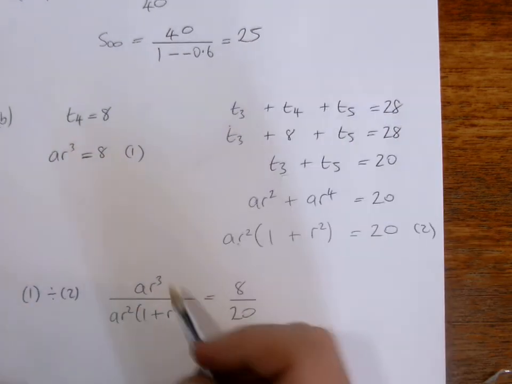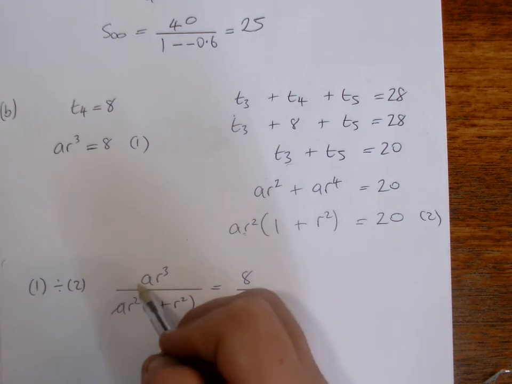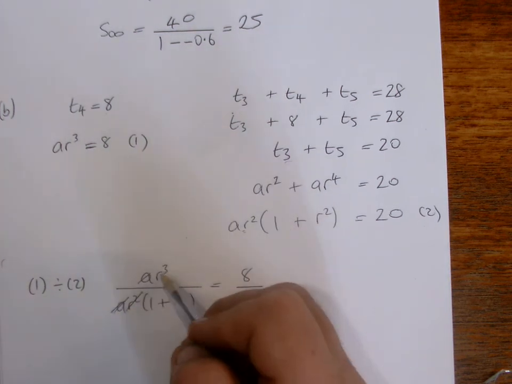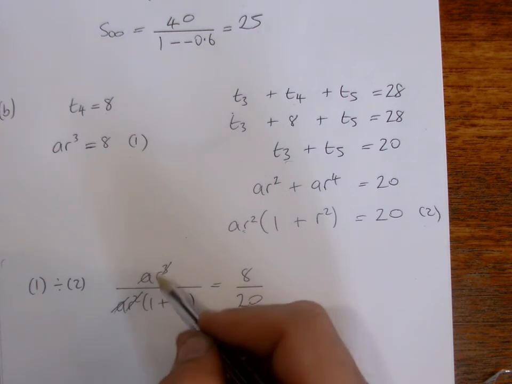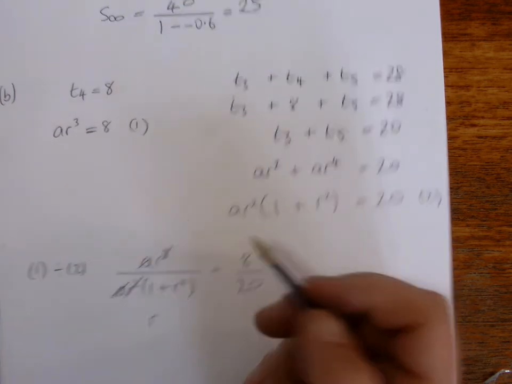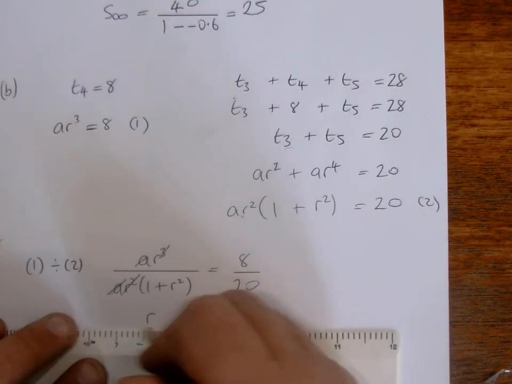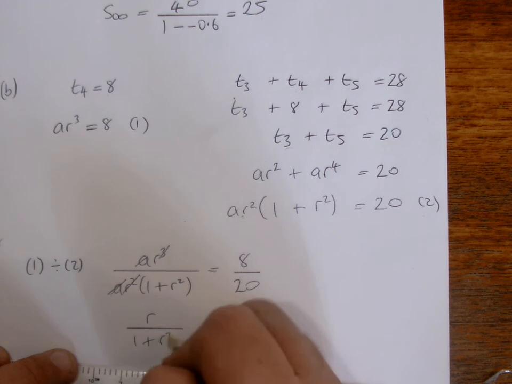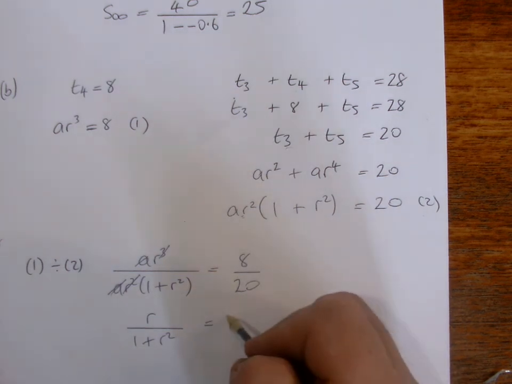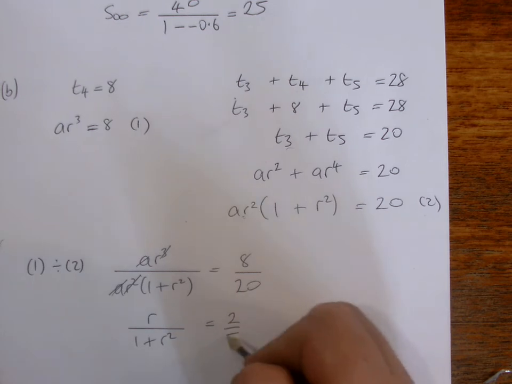What happens nicely is that the A's cancel, and the R squared cancels with the R cubed, so you're just left with R on the top. So we've got R over 1 plus R squared, and 8 over 20 cancels down to 2 over 5.